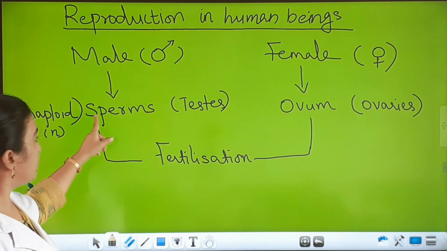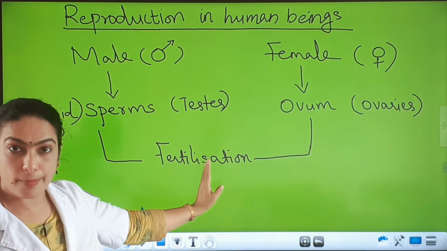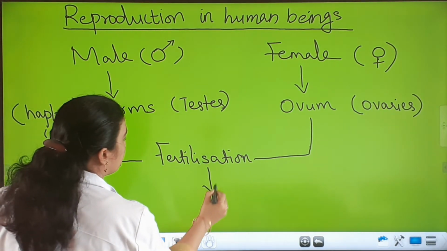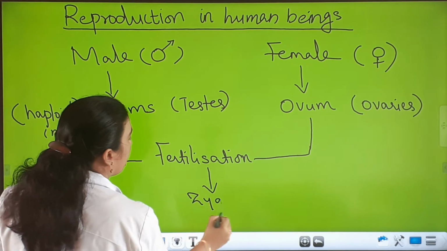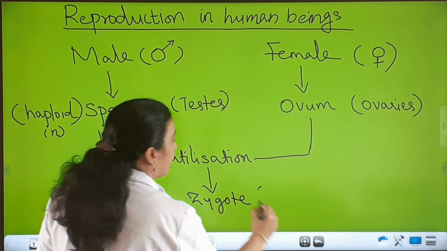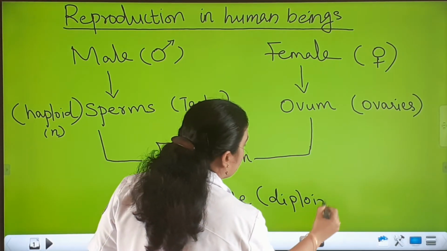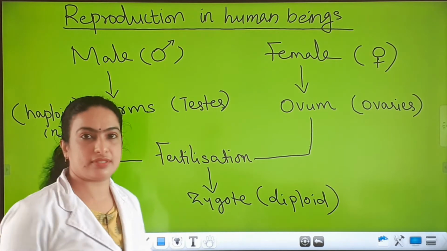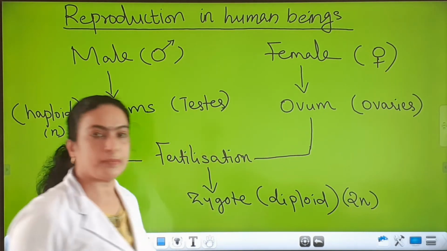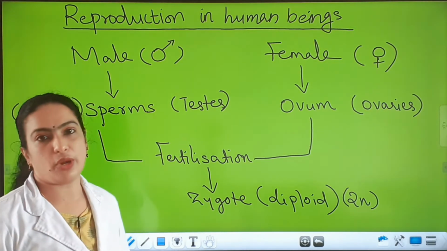Okay, so the fusion of male and female gamete to form zygote. So the fertilization results in the formation of zygote, and the zygote is diploid as it contains 46 chromosomes. So it is denoted as 2n. 2n means diploid structure. So zygote is a diploid structure.